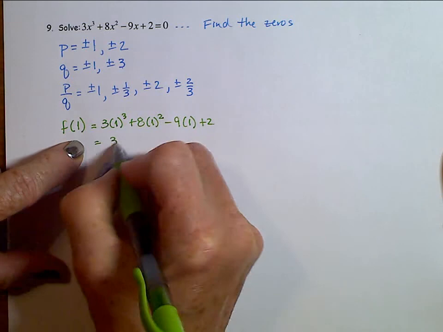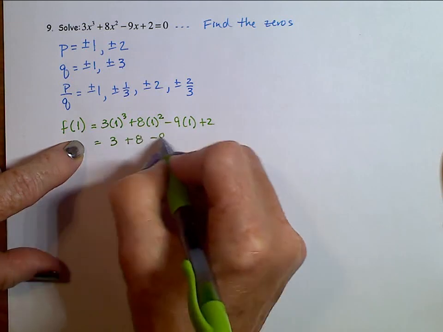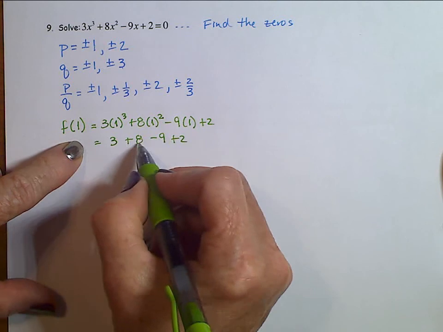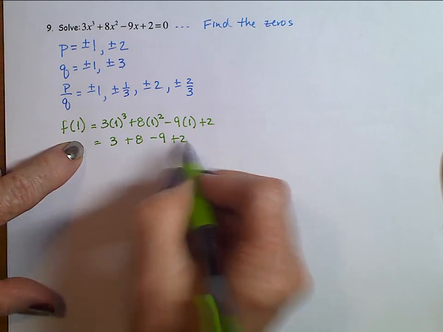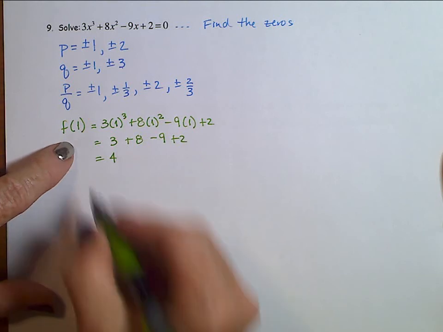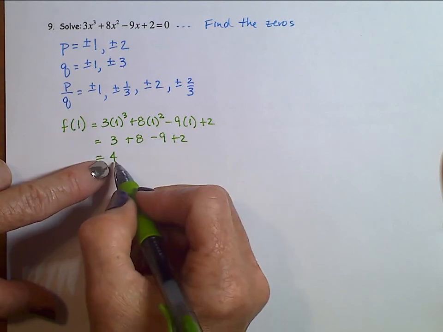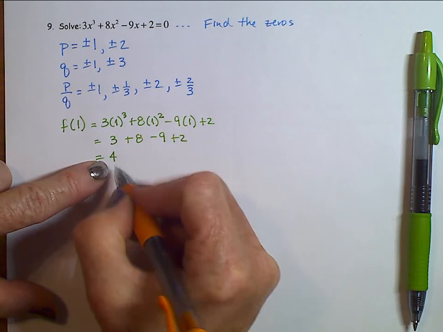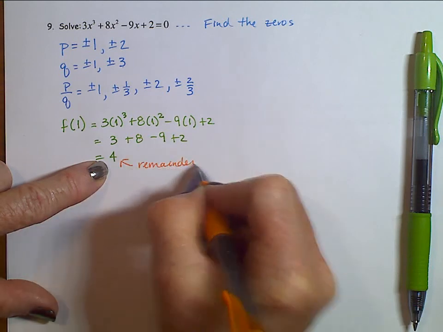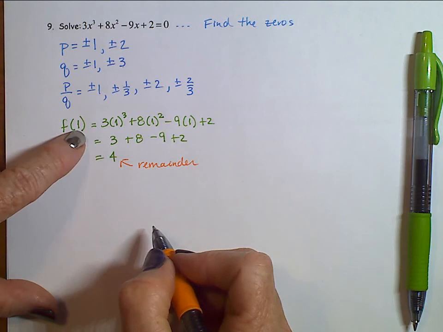It's 3 plus 8 minus 9 plus 2. That's 11 minus 9 is 2, plus 2 is 4. Okay, that means we got a remainder here. That's the remainder. So that means that 1 is not a zero.